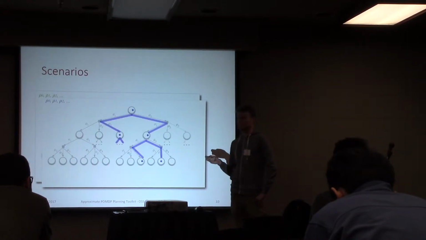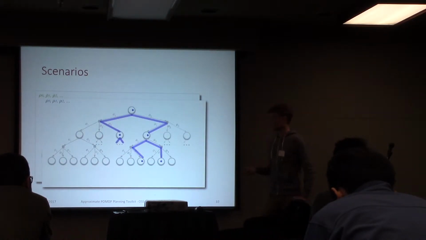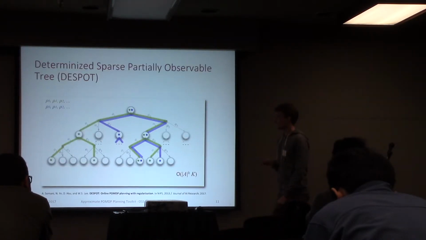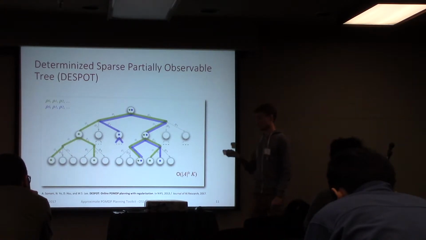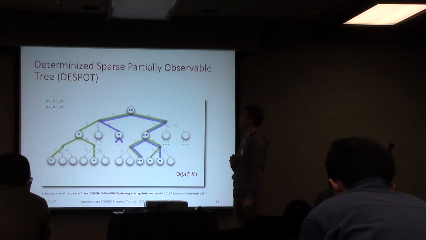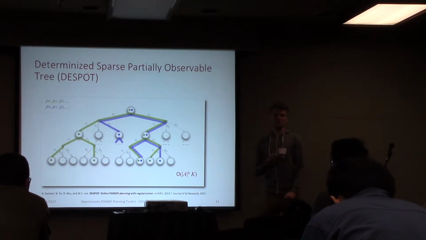With another sequence of random numbers, we can do this, and it will generate another subtree. We can do this k times. We get k scenarios, we get k subtrees, and we can just merge all of these into a single subtree. Now, this subtree we call the determinized partially observable tree, or DESPOT.